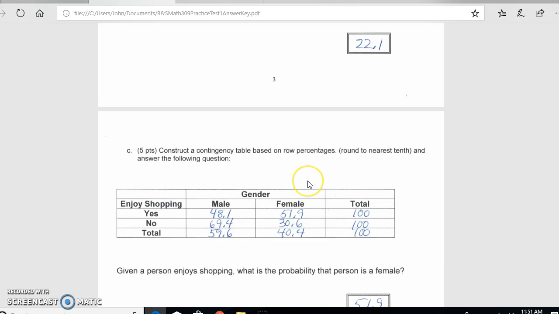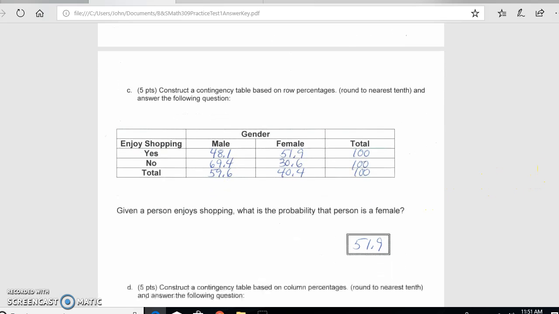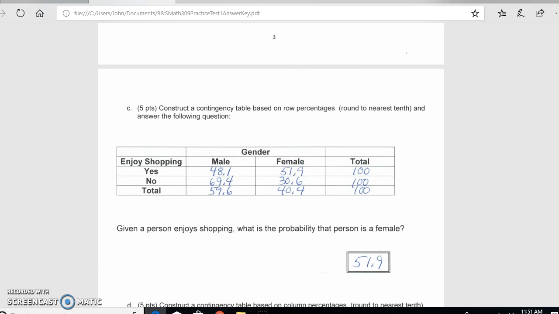And that tells me that 51.9% of the customers who enjoyed shopping were women. And you could work out the other two data points down here the same way. This column is always going to be 100 when we're dealing with the row percentages. So that would fill in the table here for C.